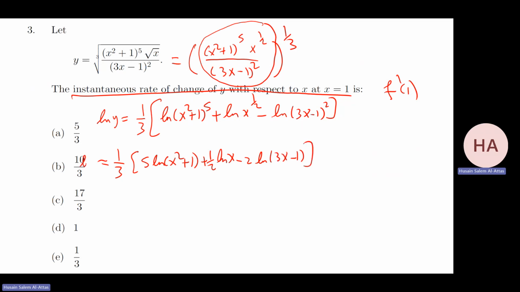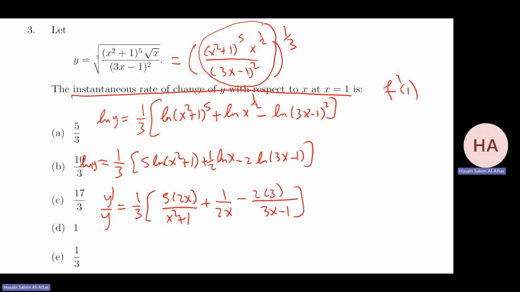Now we'll do the derivative. So I have y prime over y equal 1 over 3 times 5 times 2x over x squared plus 1, plus 1 over 2x, minus 2 times 3 over 3x minus 1.